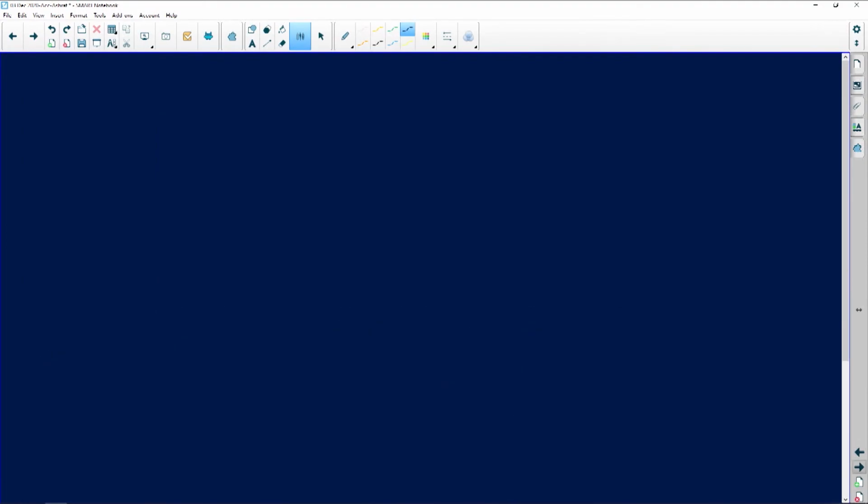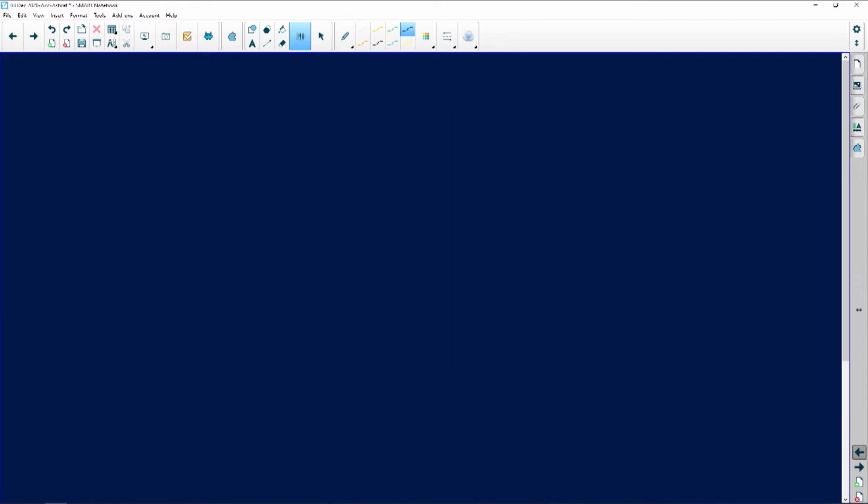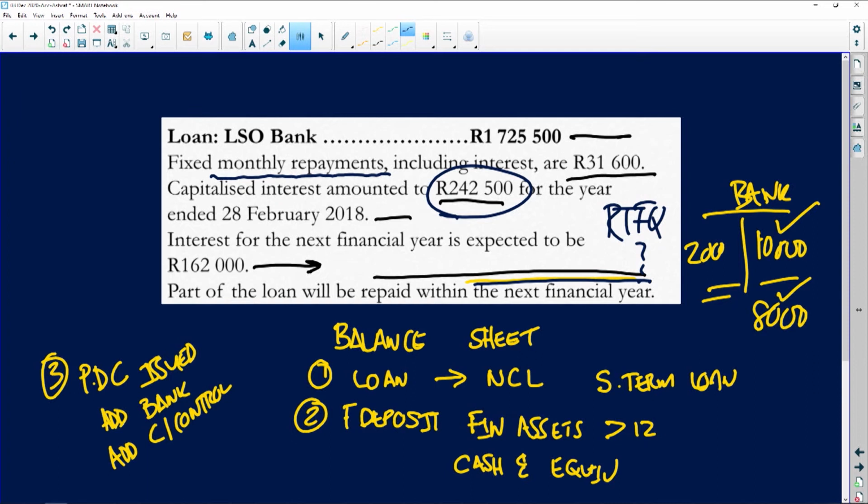Okay, so if that is the amount of your interest, 162,000, look at your capital repayments. The figure that we had for our capital repayment amounted to 379,200. So let's take the 379,200 minus the interest figure which we want here. The interest is expected to be 162,000. So obviously you are left with a figure of 217,200.